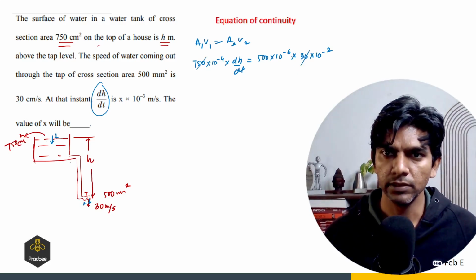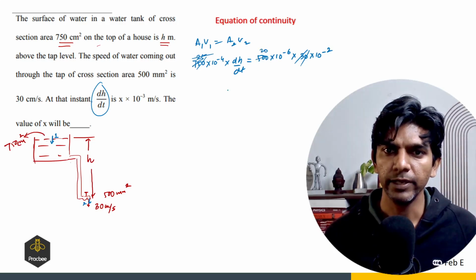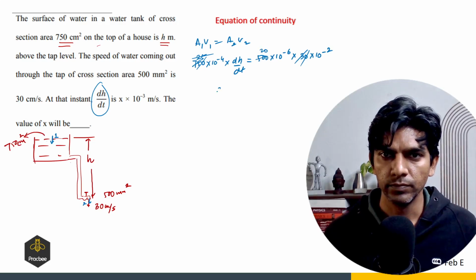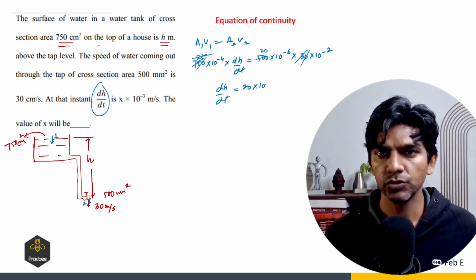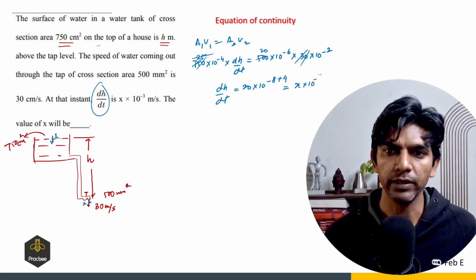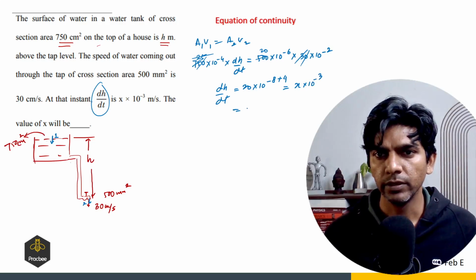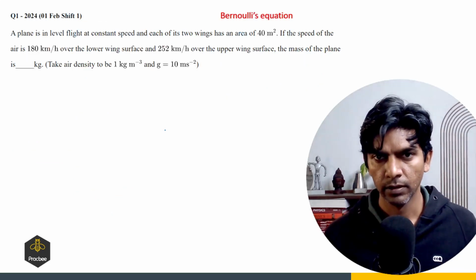The zeros will get cancelled out, so this will give us 25. Now this will give us 20. So dH by dt will be 20 into 10 raised to power minus 4, which is 2 into 10 raised to power minus 3, equal to x into 10 raised to power minus 3. So x will be 2. So 2 is the answer of this question.